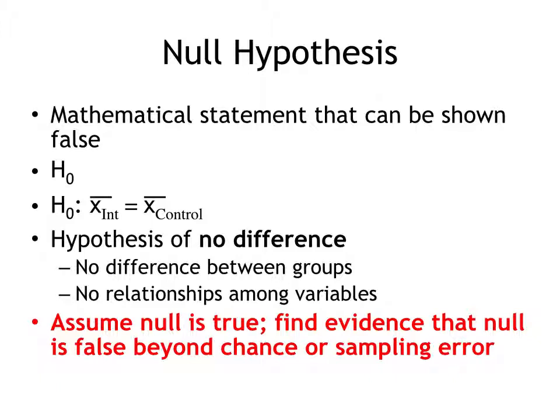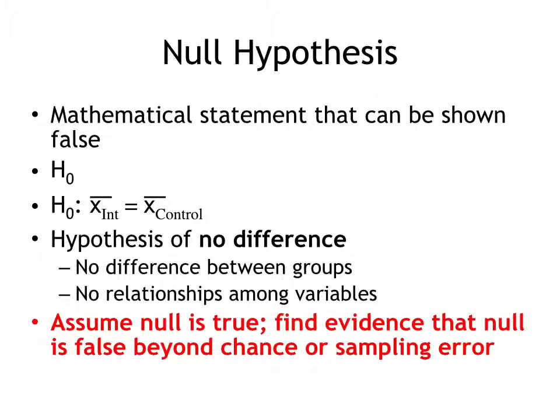What I'm saying, my null hypothesis, and then I put a colon, is such that the mean of the intervention group, where an X with a line over it means the mean, is equal to the mean of the control group. Now, obviously, when I do my study with this intervention, whatever it is, I want to show that that statement is false.